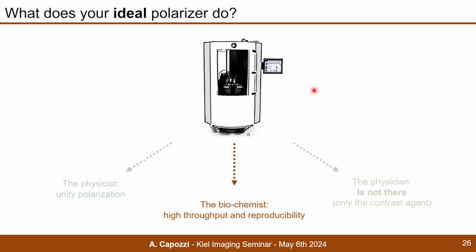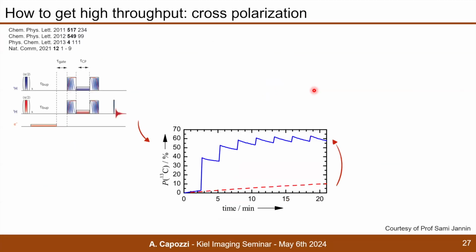So there are two main approaches. We can go faster on the single sample, and to do that, we can use what is known as cross-polarization. It is an approach that Professor Sami Jannin has investigated a lot during the last 10, 15 years.